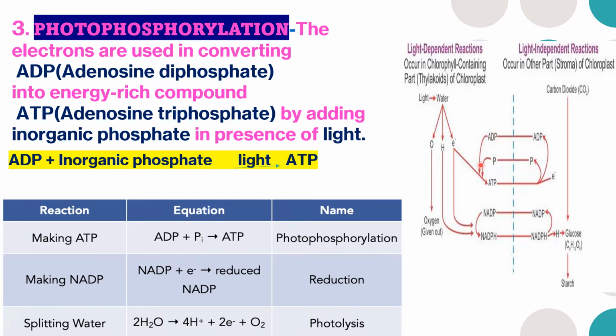Then ADP will convert into ATP in presence of light by adding electrons and inorganic phosphate. That is known as photophosphorylation. ADP plus inorganic phosphate in presence of light gives ATP.